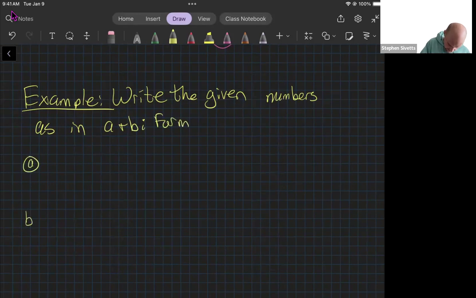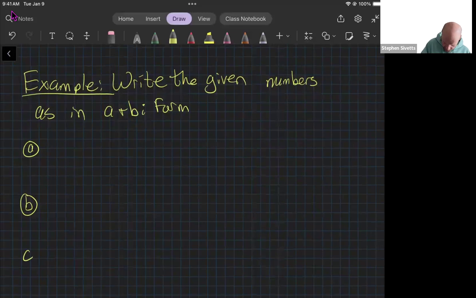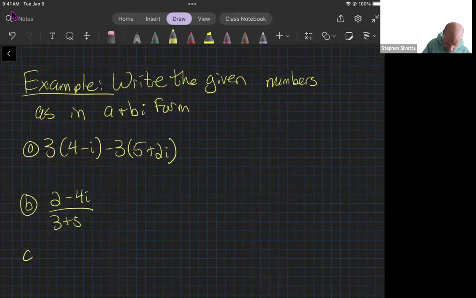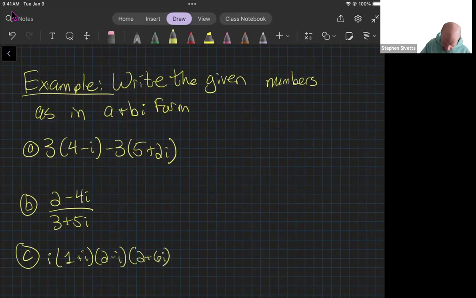Okay, so A, B, C. Here's the first one: 3 times (4 minus i) minus 3 times (5 plus 2i). The second one is (2 minus 4i) divided by (3 plus 5i). C is i times (1 plus i) times (2 minus i) times (2 plus 6i). All right, so these are some examples for you to work with. Pause the video and try to work on these on your own. And then I'll show you the solutions once you're done.